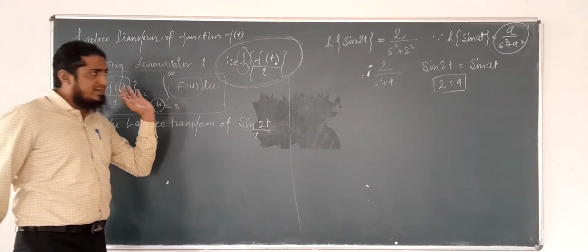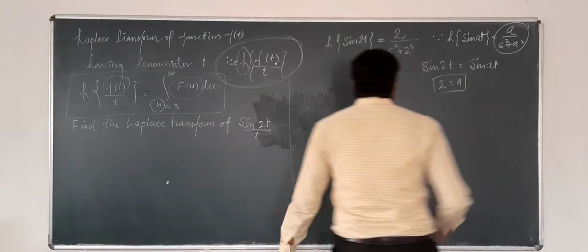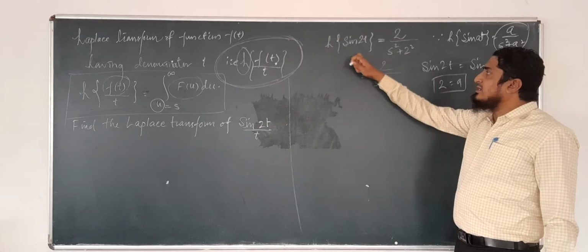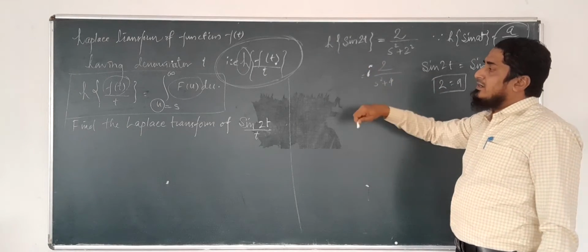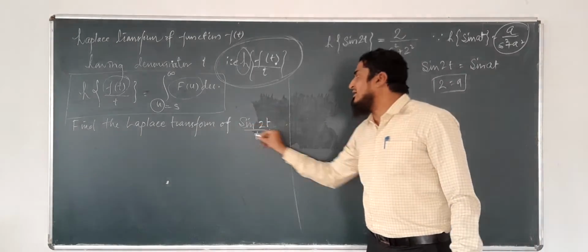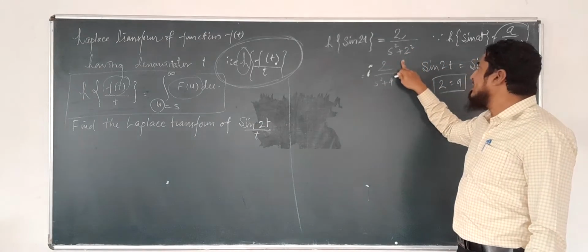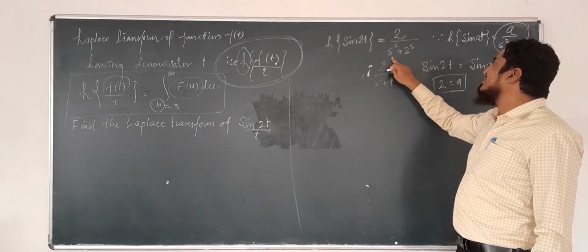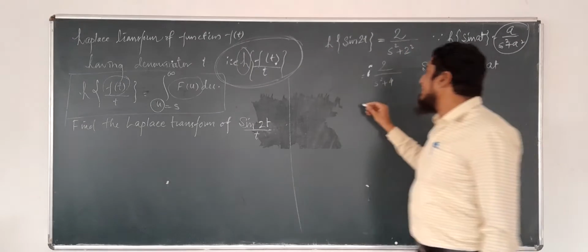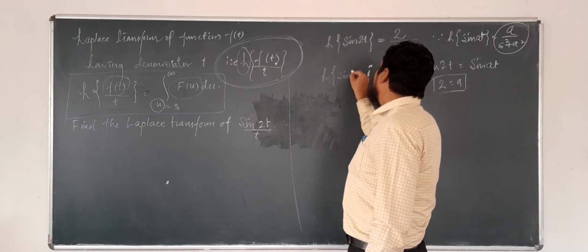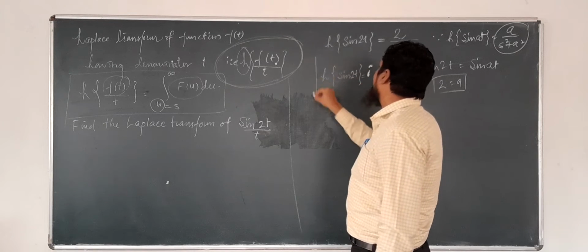We have calculated the Laplace transform of the numerator sin 2t, which is 2 upon s square plus 4. Correct?